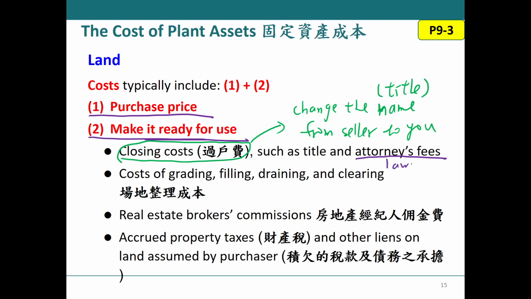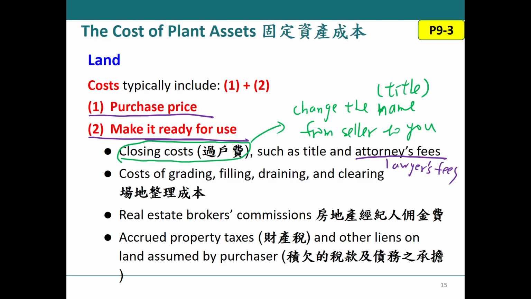So lawyer's fee. Also including what? Make your land ready for use. So you have to make sure your land have a good conditions, right? So how to make your land have a good conditions? You have to pay some money to grading, filling, dredging, clearing your land.